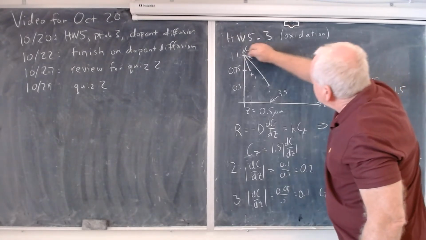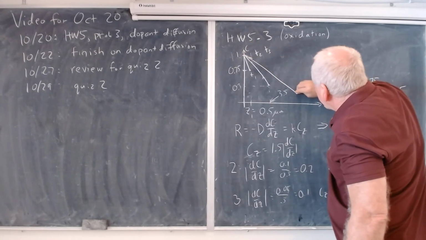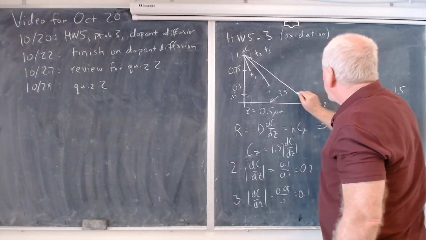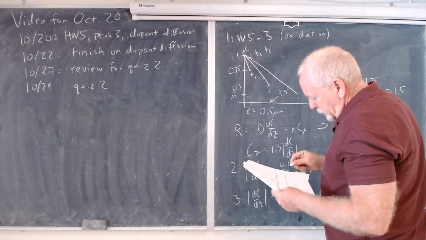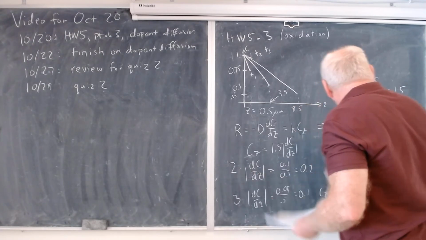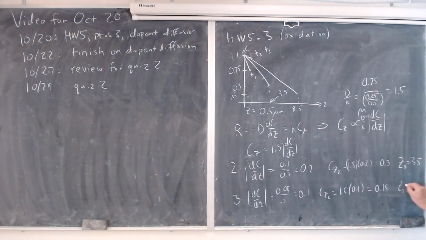You take this curve and go all the way down to 0.15, and then you read off the chart, and basically that's 8.5. So that's the answer. Z3 is 8.5 microns.